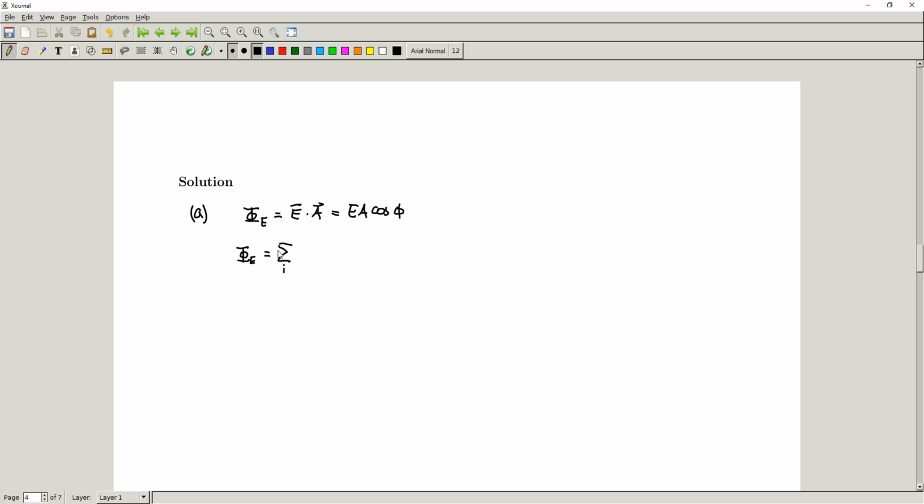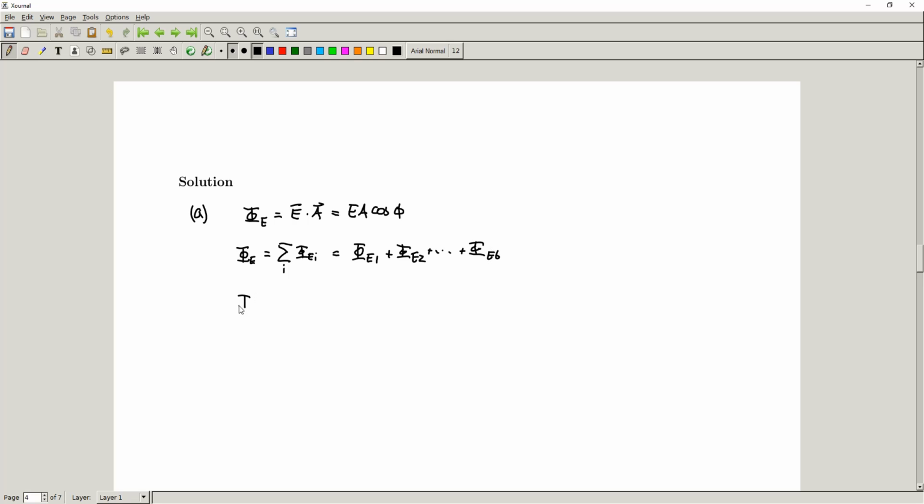I'm going to let i run here. So it's going to be the sum over all the Φ_i, which is going to give us back our total, right? So this is really going to end up being the electric flux through the first face plus the electric flux through the second face plus all the way up to the sixth face, right?